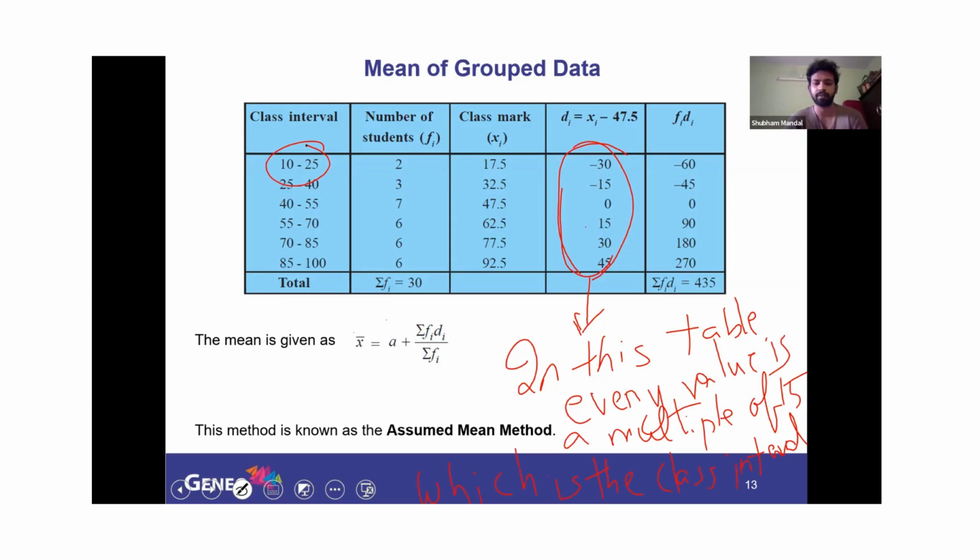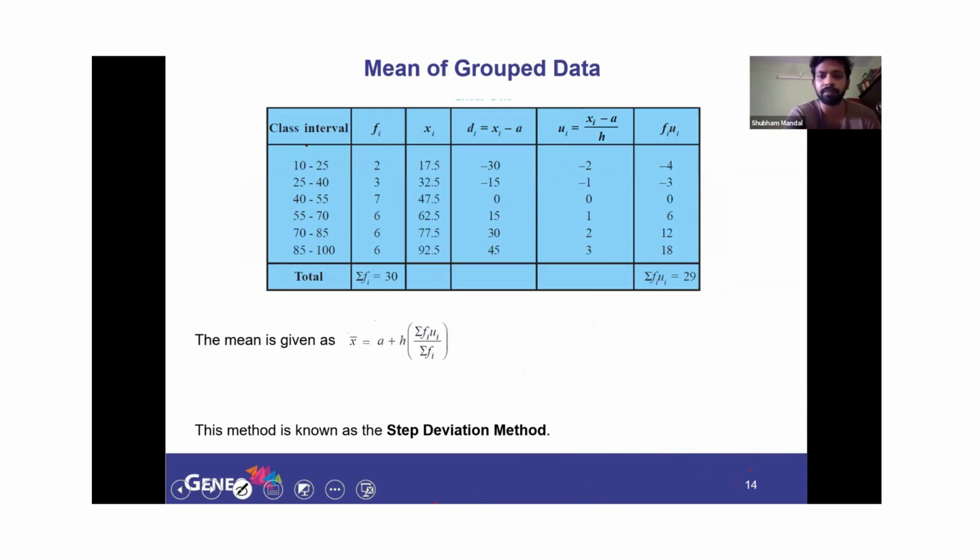So what you can do is divide this whole column by the class interval.